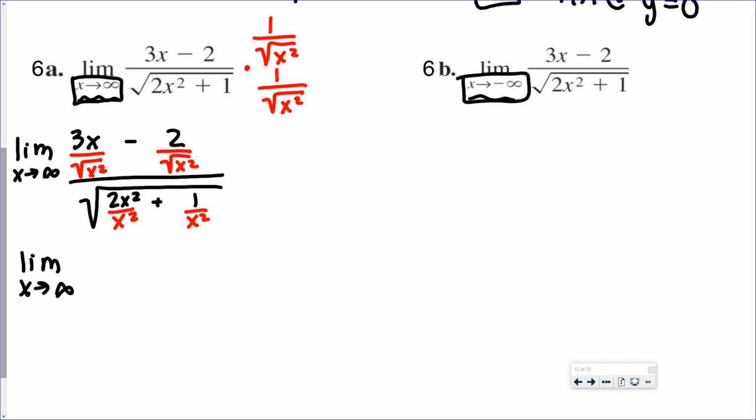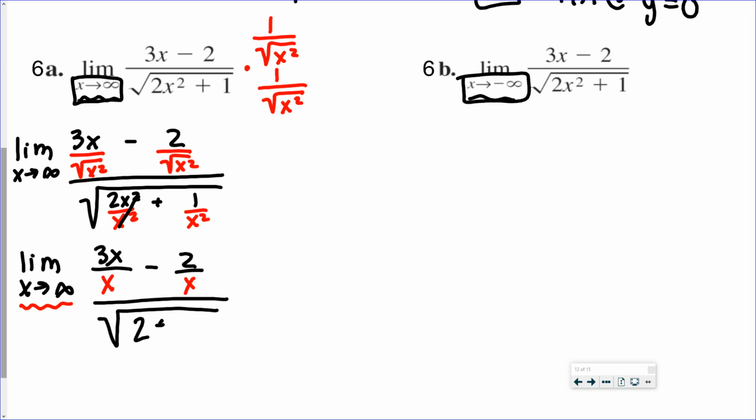Here's what you have to pay attention to: positive or negative infinity. If x is approaching positive infinity, the square root of x squared is just going to be a positive x, because we're only taking the positive x values. Here, those cancel, so it doesn't really matter. We get 2 plus 1 over x squared.